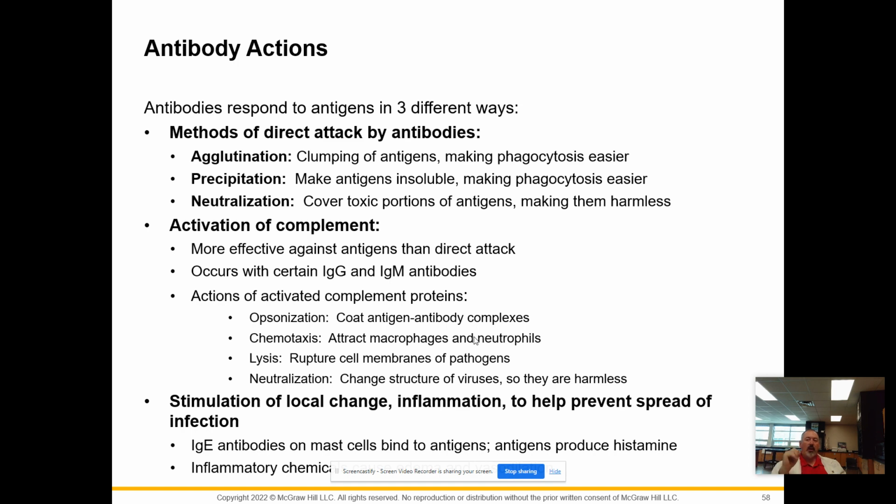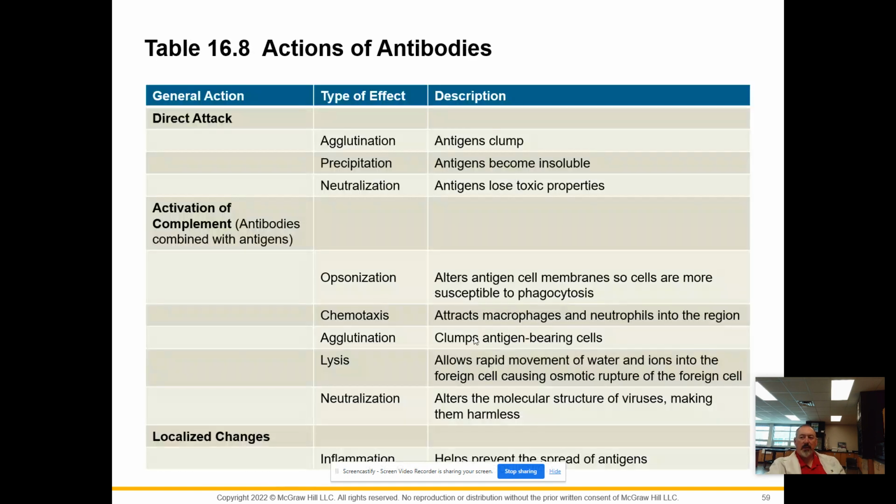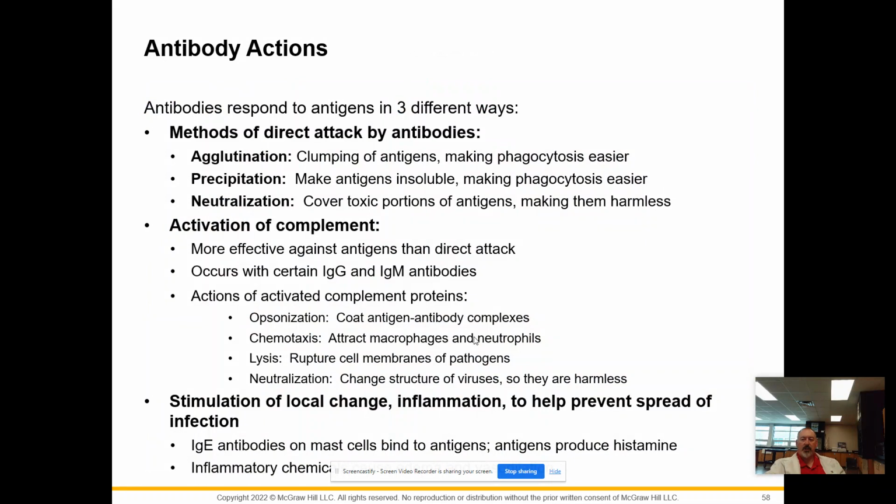Opsonization is to coat the antigen-antibody complex. There's not a good image of that. Sometimes there are. Chemotaxis is a positive response to move toward something. This is going to attract specifically the macrophages and the neutrophils. Once again, the granulocytes. We're going to have lysis, where we're ripping open and rupturing the cells of the pathogen.